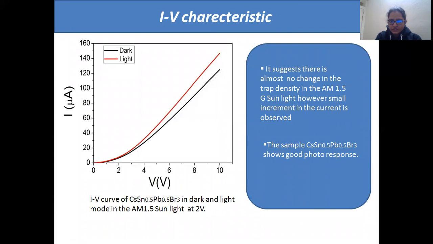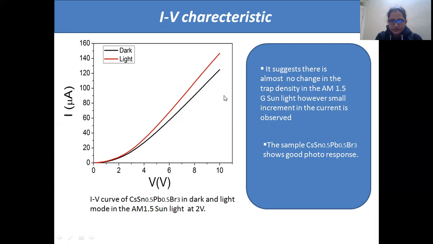This is the IV characteristic of CsSn1/2Pb1/2Br3. The IV characterization is done in both light and dark medium. In this plot, we can see the plots corresponding to light mode and dark mode coincide up to 2 volt, and gradually the separation between these two plots increases.